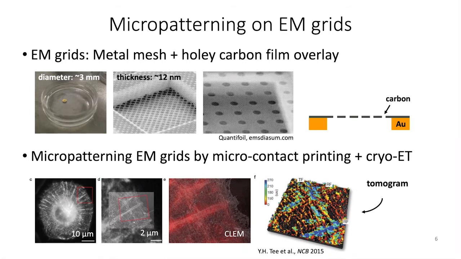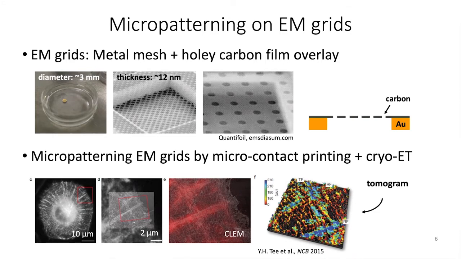For cell culture, we use gold grids, which are less cytotoxic than copper ones. In our initial micropatterning work, we used grids that had 5 micron holes spaced at 20 microns from one another. More recently, for cryo-ET of cells, we've been micropatterning on grids with 2 micron size holes spaced 2 microns apart, and this has been giving us good results.